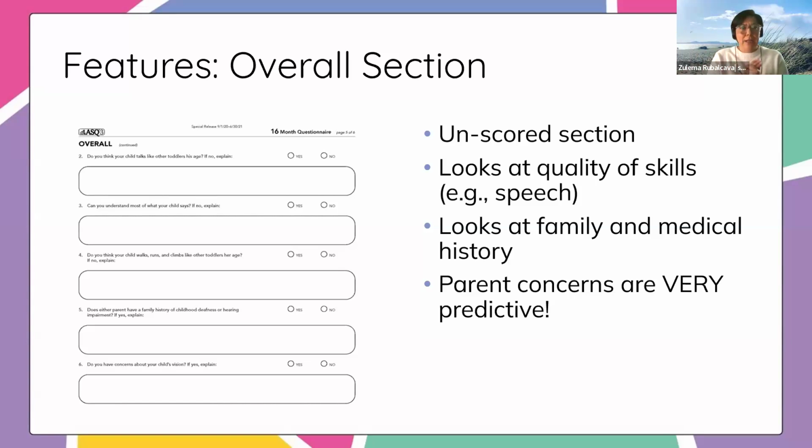So when I say it's an important section, even though it doesn't get scored, it gives us a lot of really good information. So for example, there's a question, let's see, question number 4, do you think your child walks, runs, and climbs like other toddlers their age? And it could be that, yeah, they've been walking independently, they can do it, but they're always walking on their tippy toes, right?